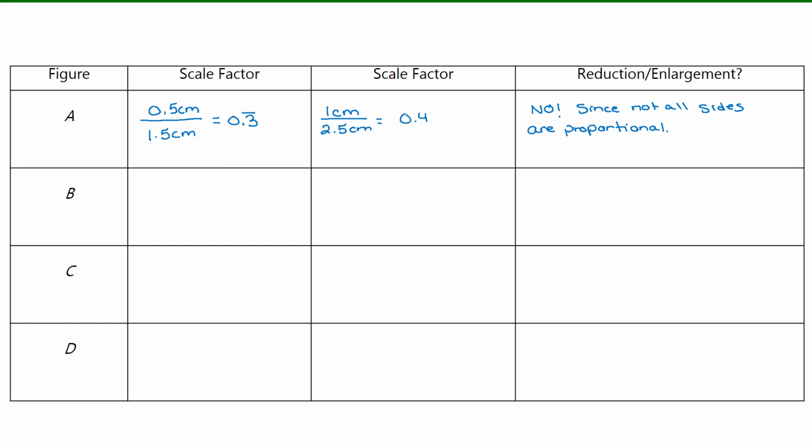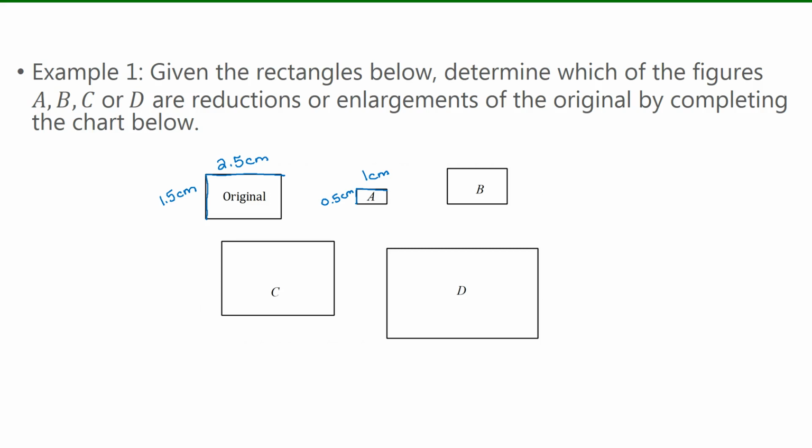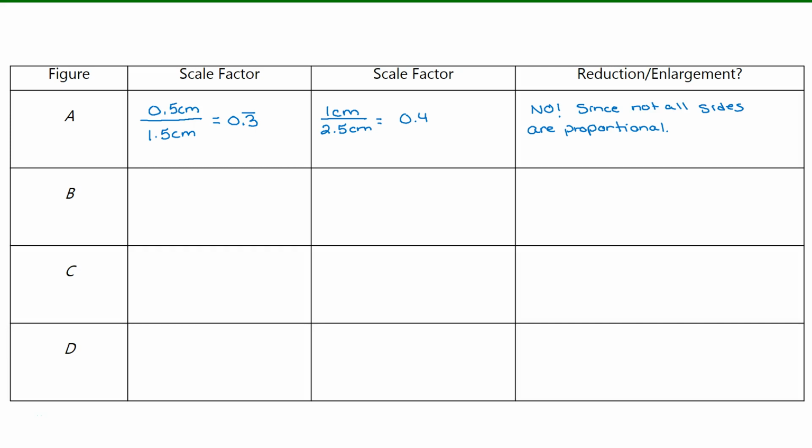Now for diagram B, we'll once again measure the side lengths. Here I get 2 centimeters, and down the side I get 1.2. So setting that up as a ratio again, I get 1.2 centimeters corresponding with 1.5 centimeters.